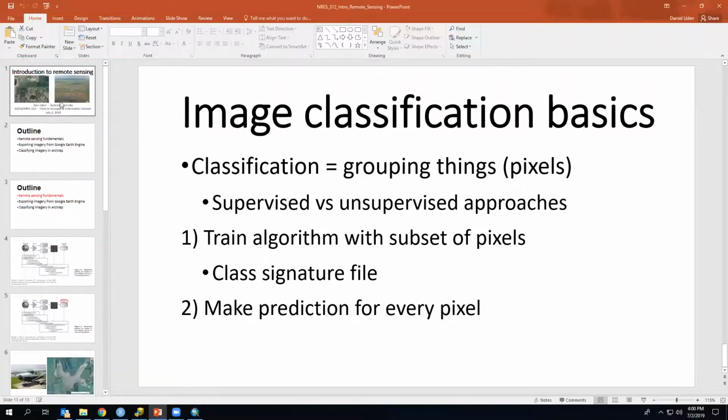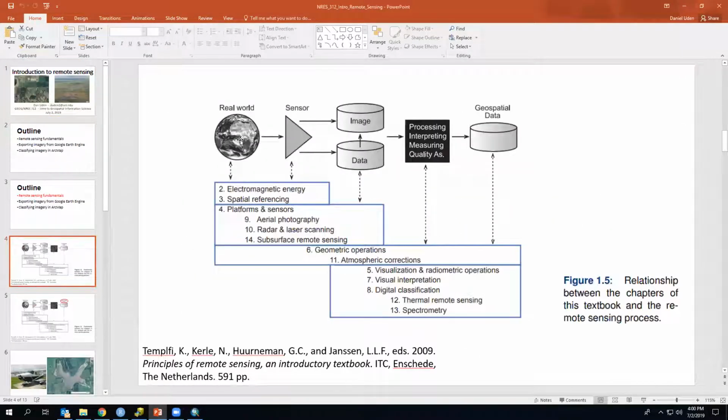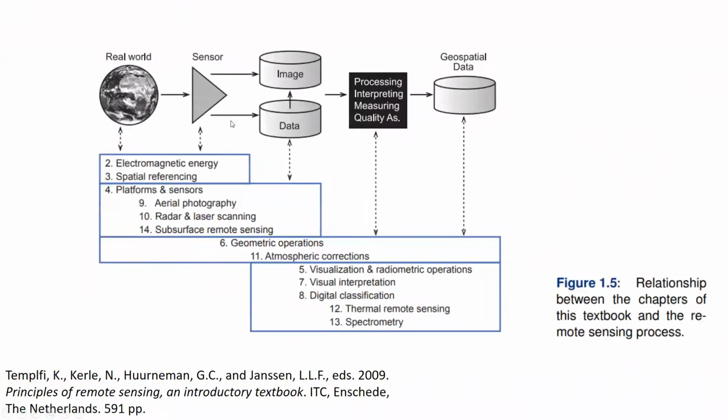When you really boil it down, it's about getting information about the real world and making it geospatial data. To do that, we use sensors, and we do it remotely. It's remote because you're not in direct contact with the area or object you're interested in, and it's sensing because you're using a sensor, some sort of technology to get that information.